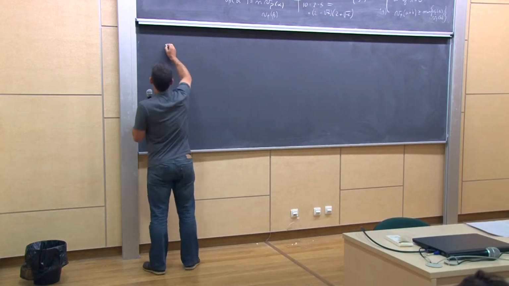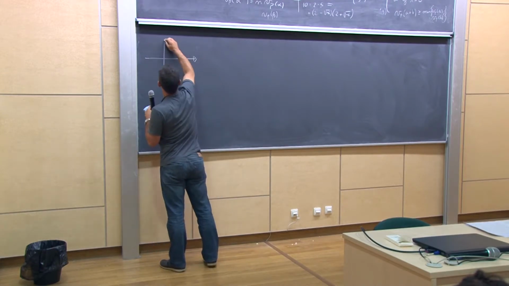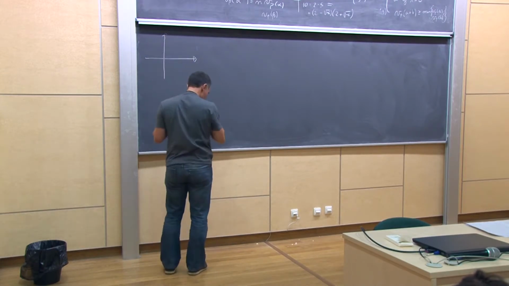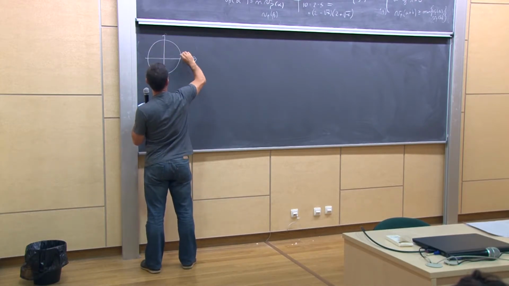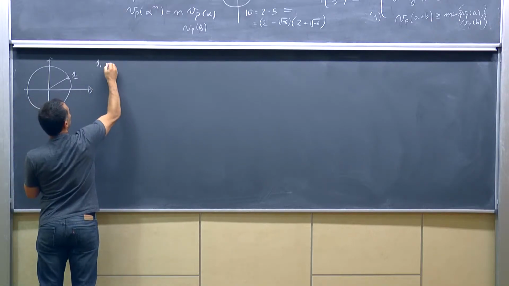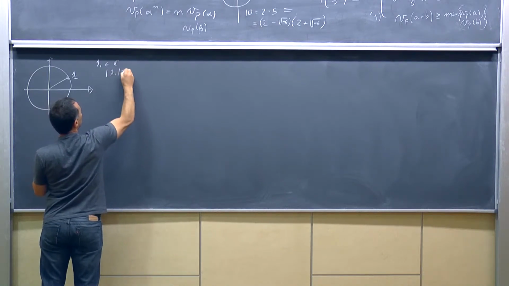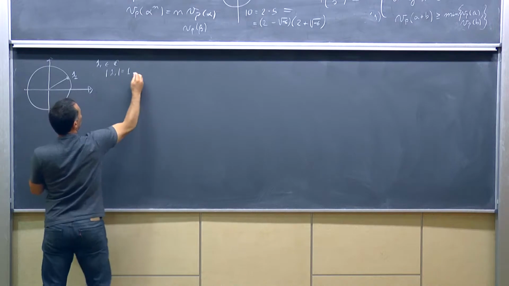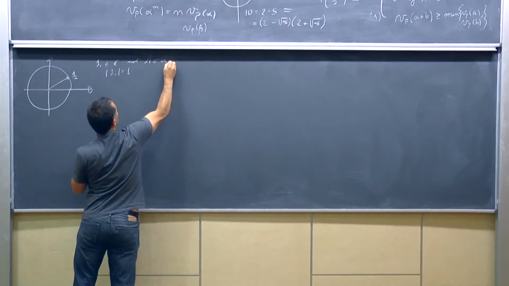Okay. Let me describe something else. So you remember, I'm in the complex plane again, and you remember that we had a number lambda 1. So lambda 1 is a complex number of modulus 1, and not a root of unity.